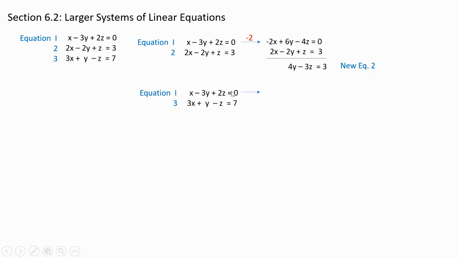In other words, if you have an equal sign, you multiply the same number times every term, and that's legal in mathematics. So in this case, multiply by -3: -3 times x, -3 times -3y, -3 times positive 2z, and -3 times 0. So this is my result. And then equation 3, we just bring it over, and then we do the operation.